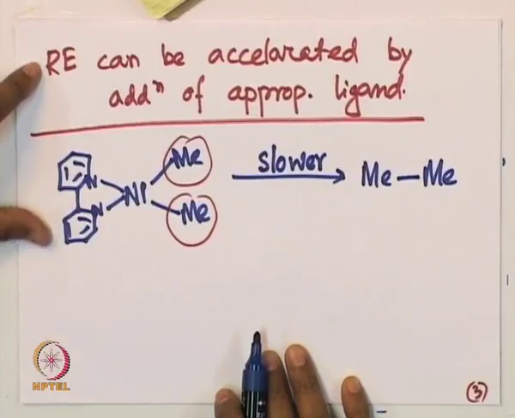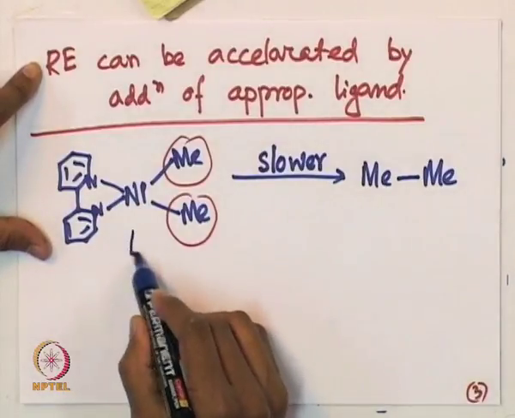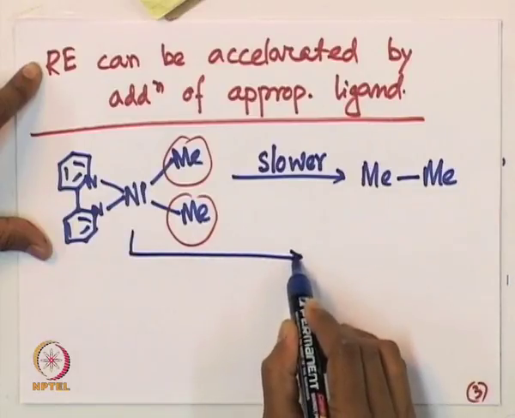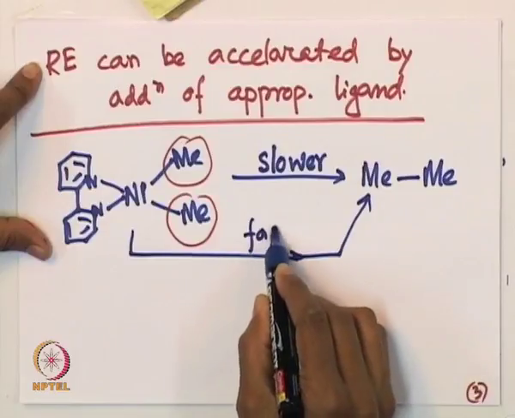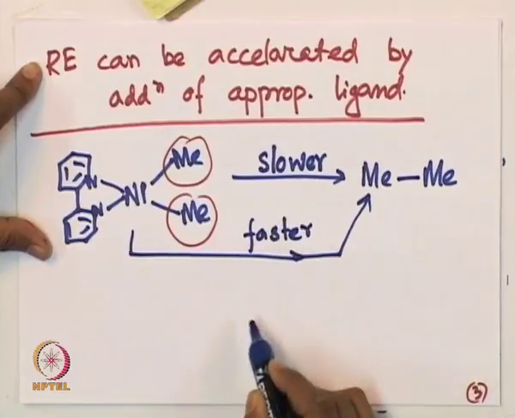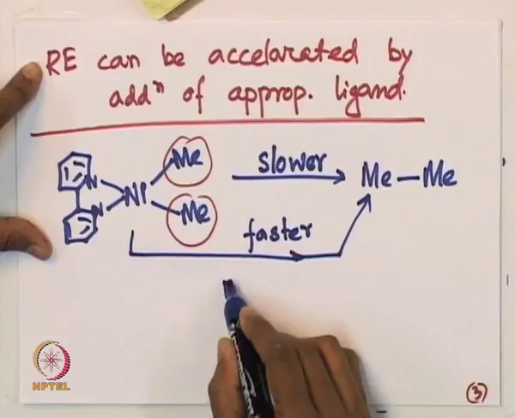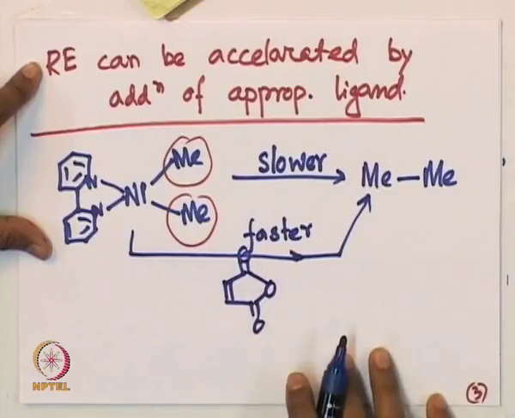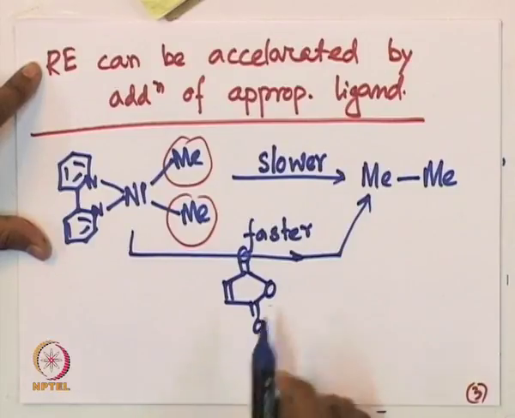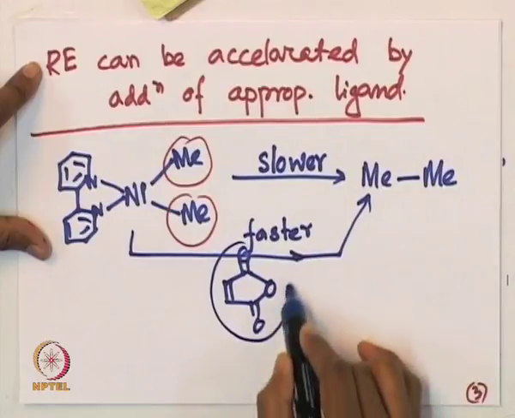Now, what you can do in this particular case is get the same product formation in a very fast, or relatively faster, manner if you add this anhydride to it. Okay. Again, this happened to be the perfect choice in this case.